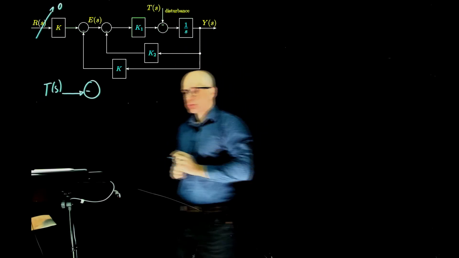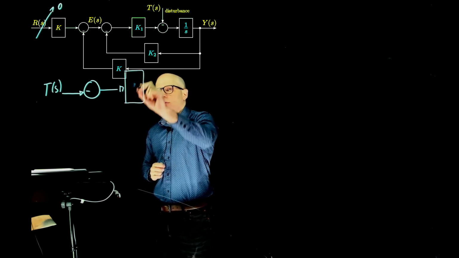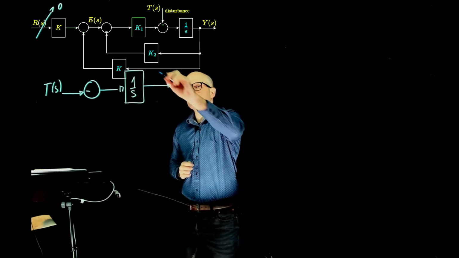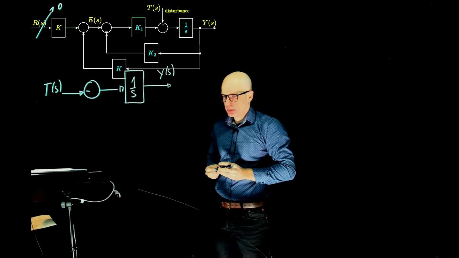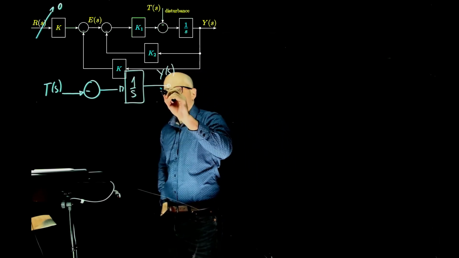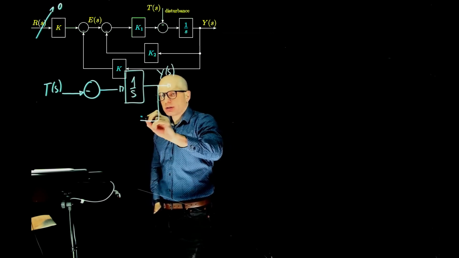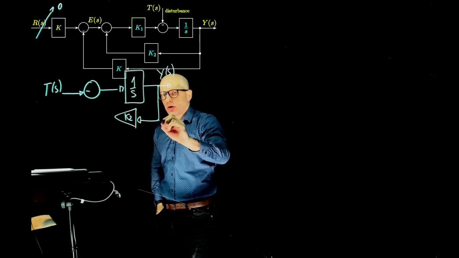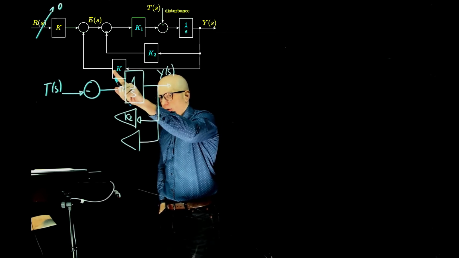Then it goes through the integrator, and the output here is Y of S. Then what happens? Then you have two feedback loops. One that is multiplied by K2. The other one that is multiplied by K.